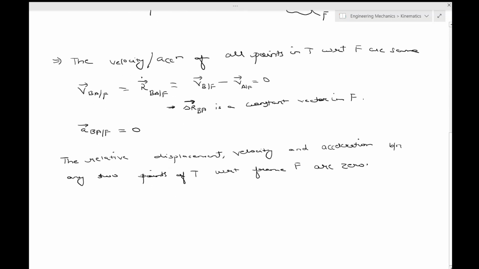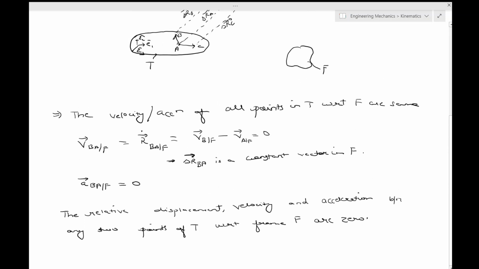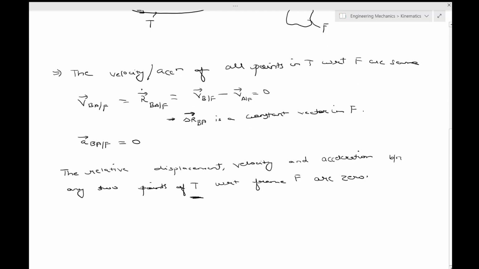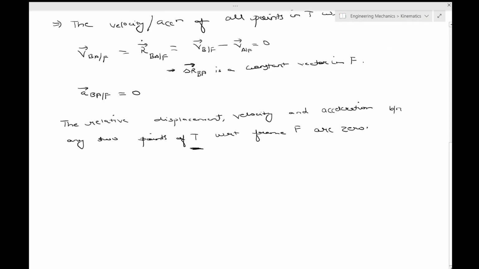Okay, so we have shown all that: the relative displacement, velocity and acceleration between any two points. So B and A were the points which we had over here, but the same would hold true for any point in a translating frame. Clearly, T is a translating frame, so that's why I don't have to separately say that anymore.